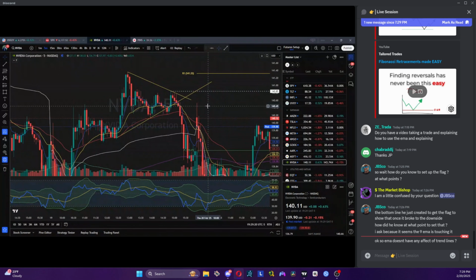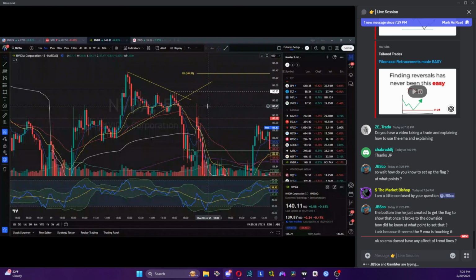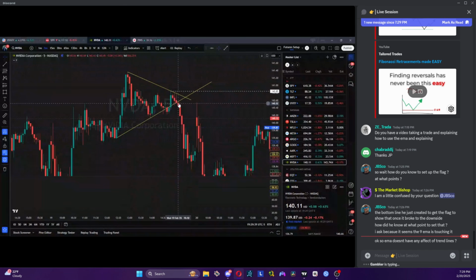This is price action dictating what's happening in this particular chart. Remember, EMAs are lagging indicators. Price action is real. So if you draw a trend line and price breaks below it, let's say you take off all your EMAs, boom, trend line break. Where's your stop on this trade if you think it's going to go up?